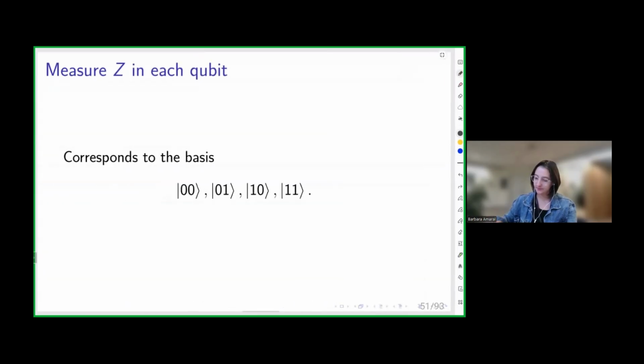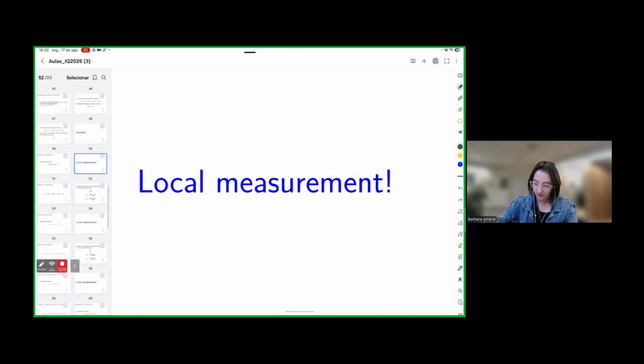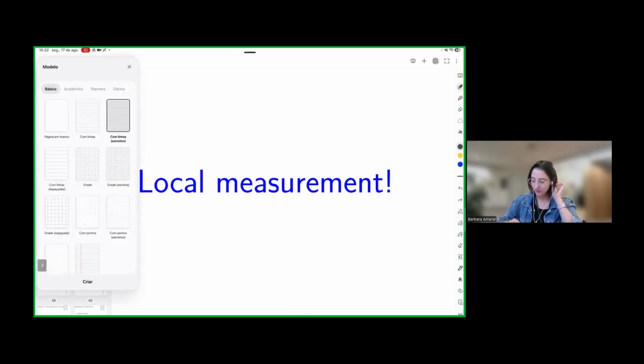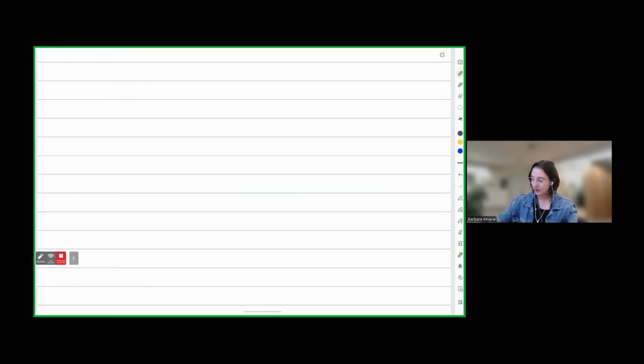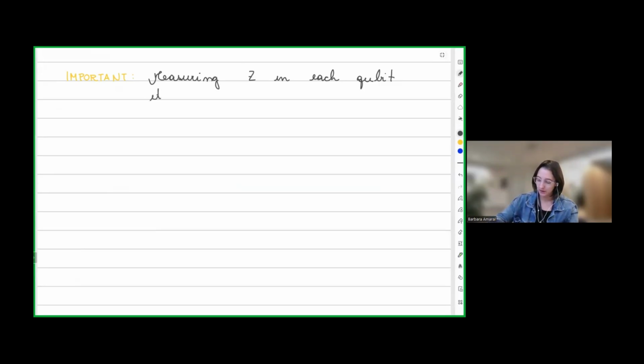Measuring Z in each qubit individually is not the same thing as measuring the tensor.